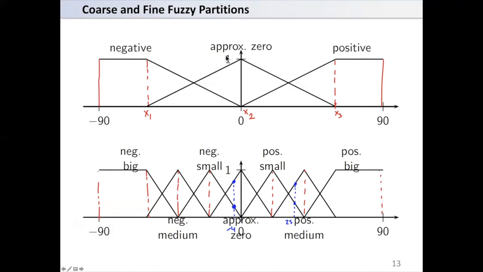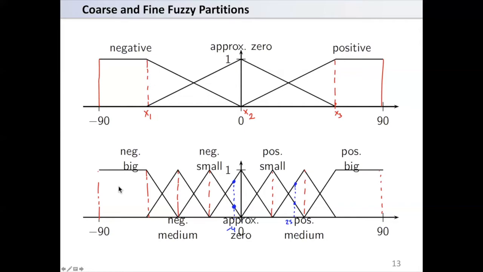The second fuzzy set is called approximately 0. It is around 0, so x2 corresponds to 0, and it has a triangular shape. And the last one is called positive. It is around x3, and this is the shape of the membership function for the fuzzy set positive.